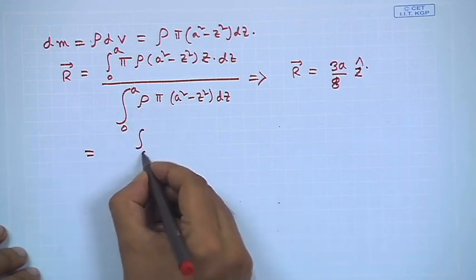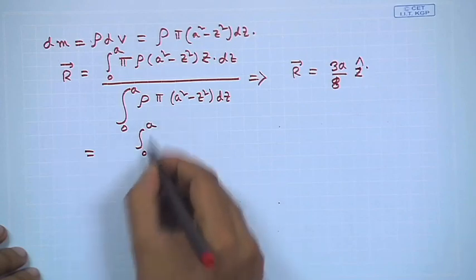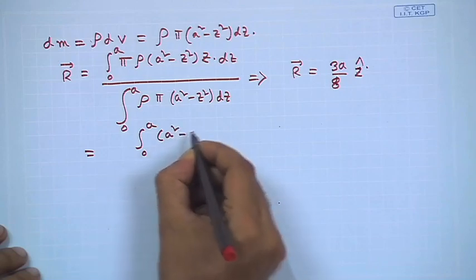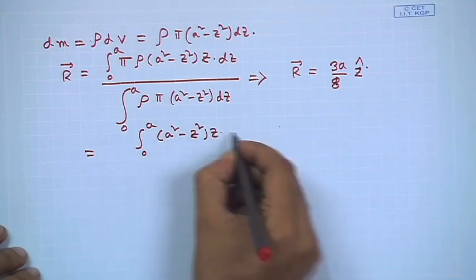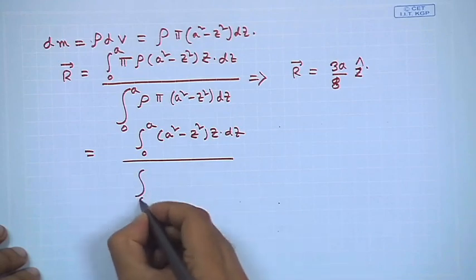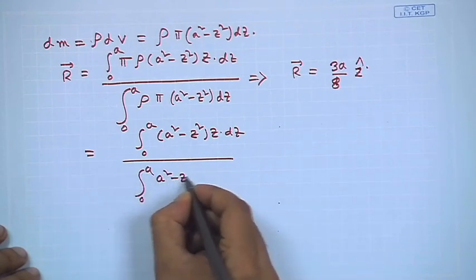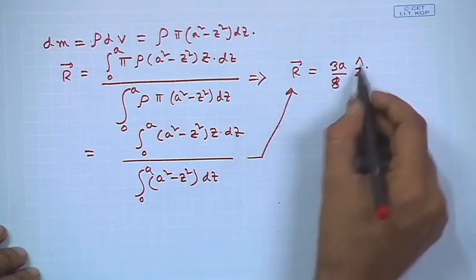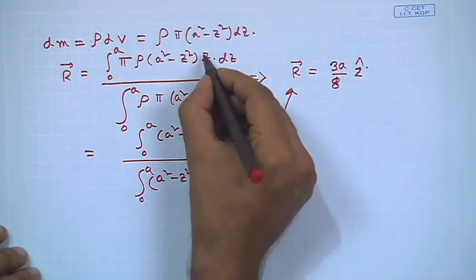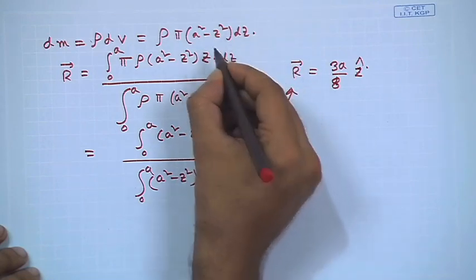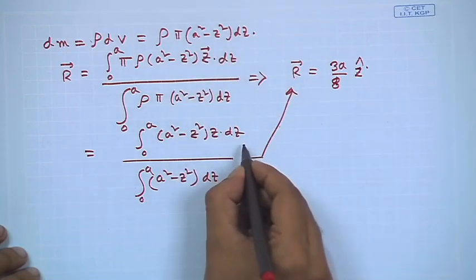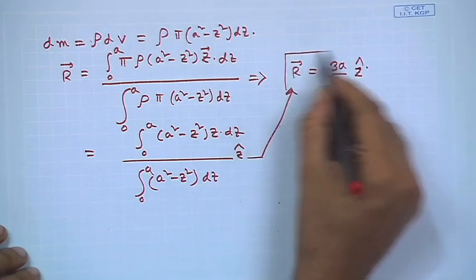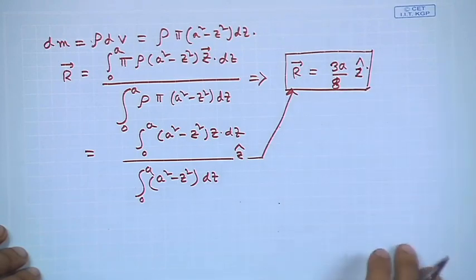The integration reduces to 0 to a, the maximum range of z, of (s square minus z square) times z dz divided by the integral from 0 to a of (s square minus z square) dz. Please remember this z vector, we can decompose it and write z cap outside. That will be the final form.